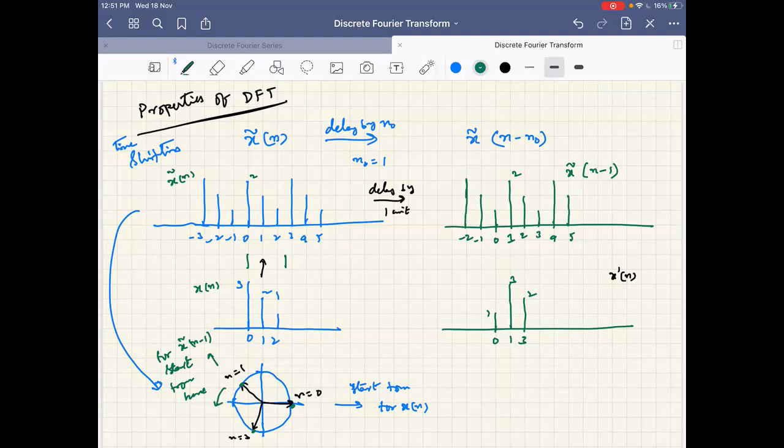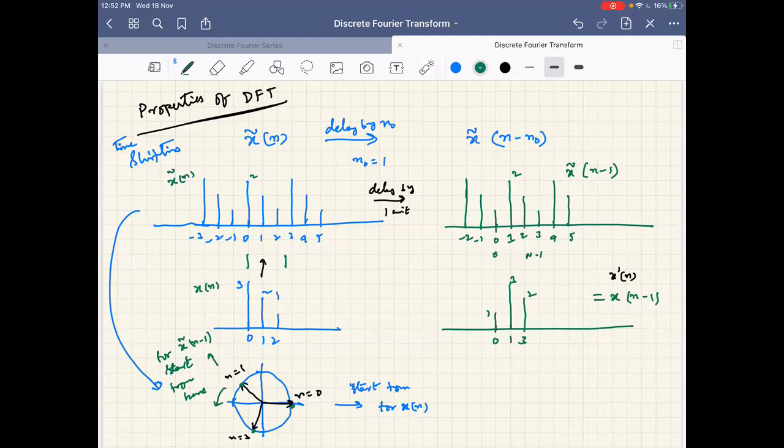So how do we relate this? x dash of n is equal to x of n minus 1, where we have a value that doesn't fit in the 0 to N minus 1 region. Where does the value come from? It comes from the previous sample.